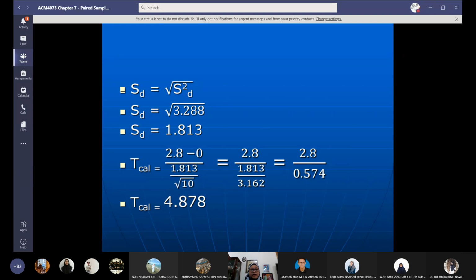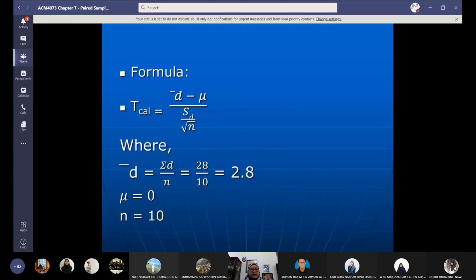We go back to the calculation just now. The D is 2.8. 2.8 take away 0, divided by SD.